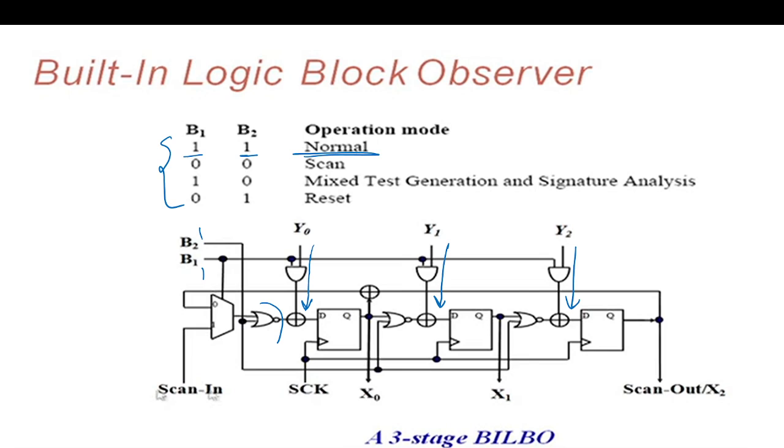So in this normal operation, we will apply Y0, Y1, Y2 to this XOR gate or flip flop. So this is normal operation. In a similar way, there are scan, mixed test generation and signature analysis. This is for the self test and the reset operation.